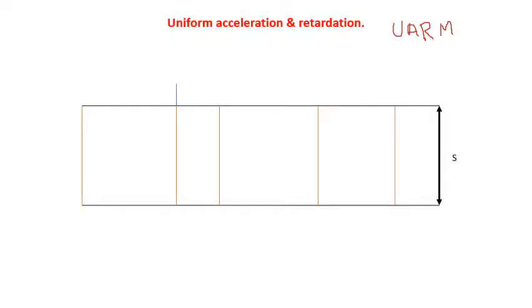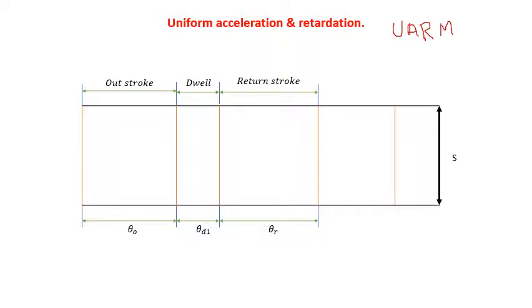So the four strokes should be represented on these two horizontal lines. The first one is the outstroke, represented by theta O. Next is the first dwell, theta D1. Next is the return stroke, theta R. Then the second dwell, theta D2.